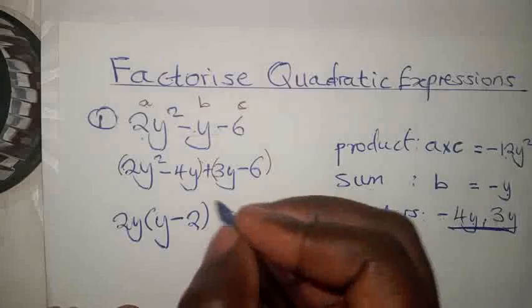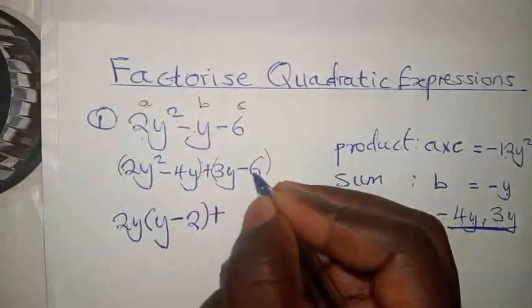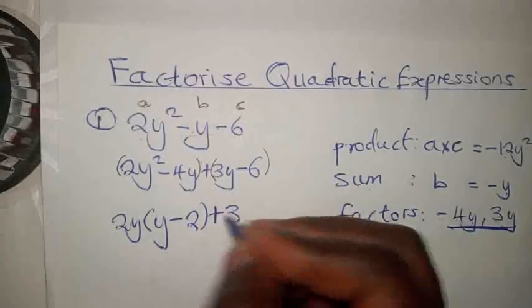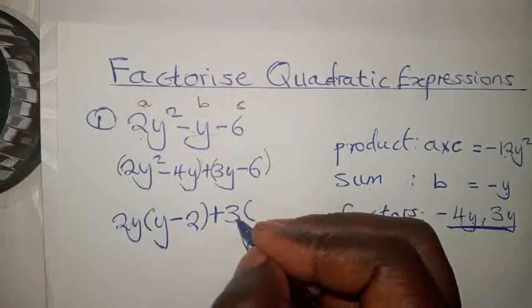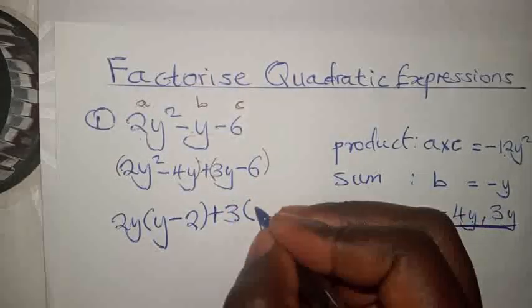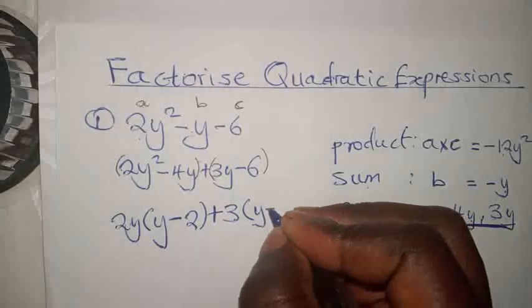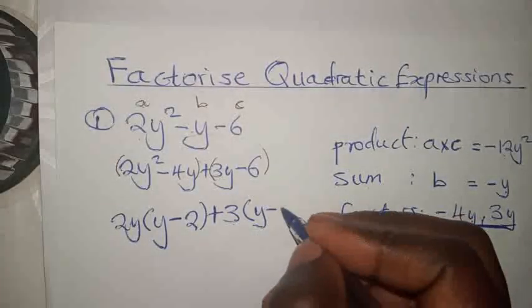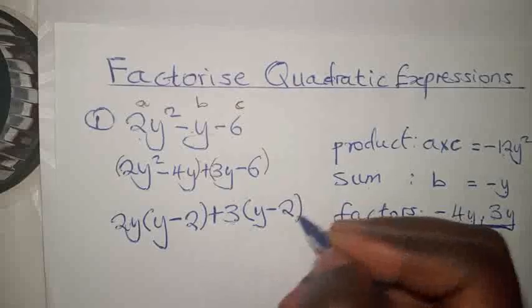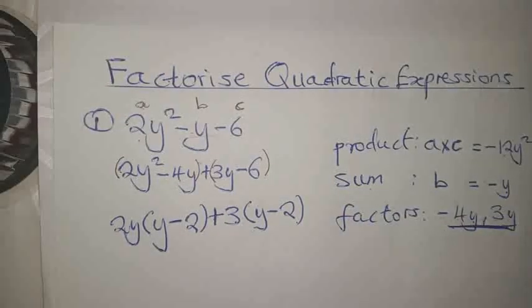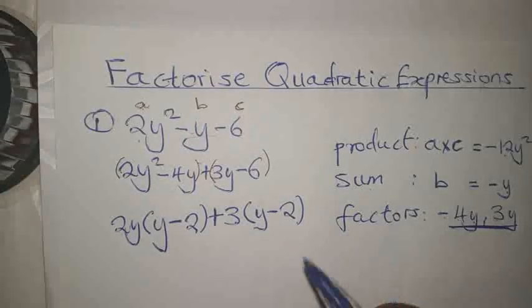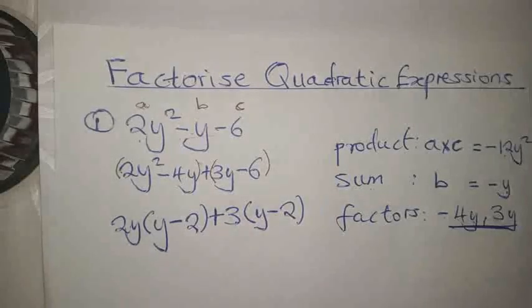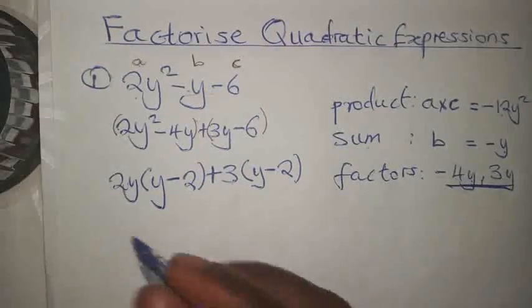Then plus, what is common here? 3 is common, open brackets. 3 and 3 will divide, and you remain with a y. So y here, minus 3 into 6, it's direct, this one is a 2. You end there. Having done that, we can now conclude our solution. Since this is what we found, you get what is remaining outside.